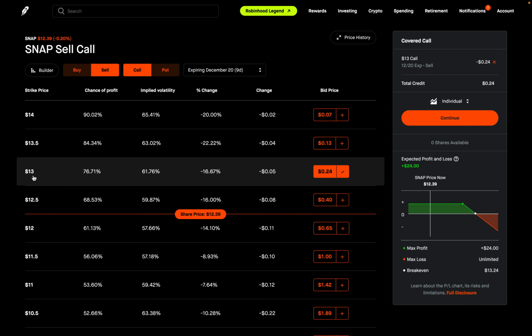If that happens, then this option expires worthless, which means I made $24 and I get my 100 shares back. Second thing that might happen is that at expiration, the share price is above the strike price I selected. In that case, again, I still keep the $24 I received, but now I would have to sell my 100 shares at $13 a share.